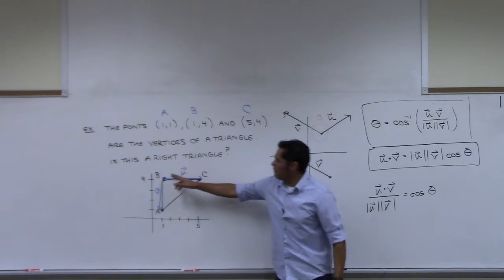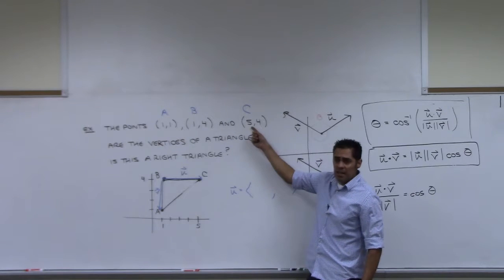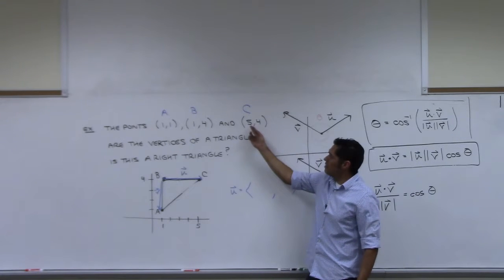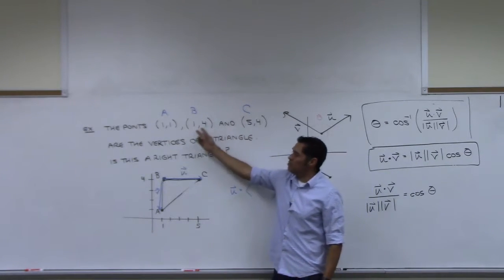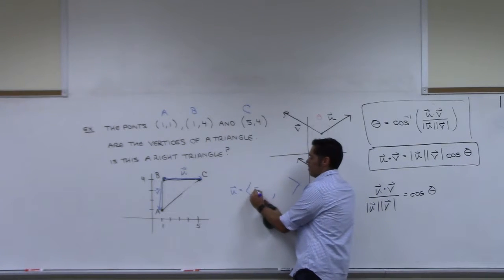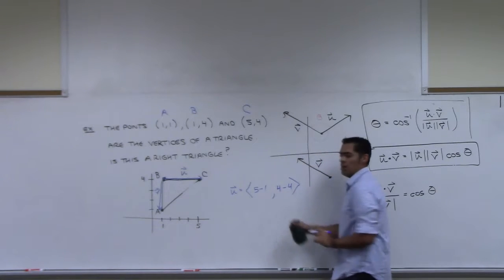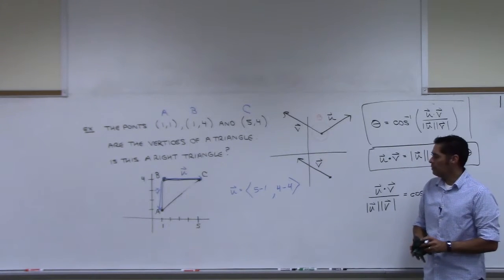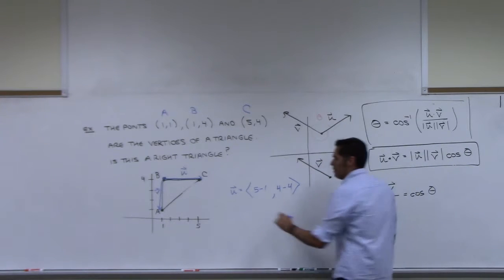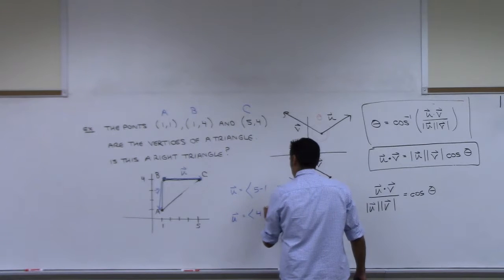So since we're going from B to C, we are going to take the C numbers, the x and y coordinates, and we will subtract the x and y coordinates here. So this computation is going to be 5 minus 1, and this computation is going to be 4 minus 4. Understand? And so we get the vector 4, 0.